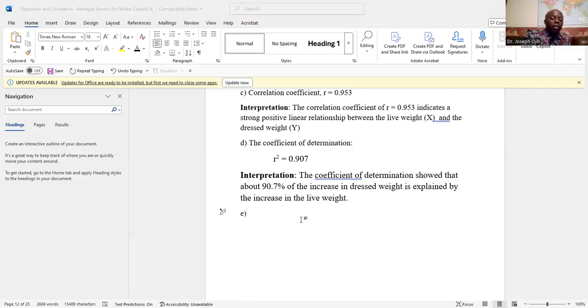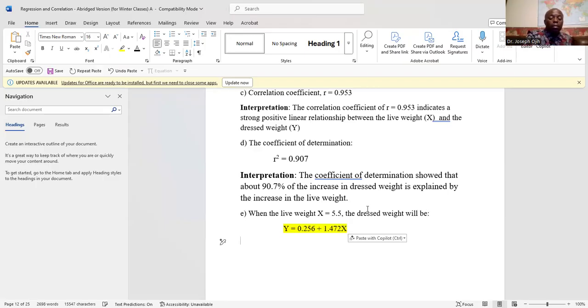Okay. So when the live weight x equals 5.5, the dress weight will be, okay, I'm going to use this to find it.